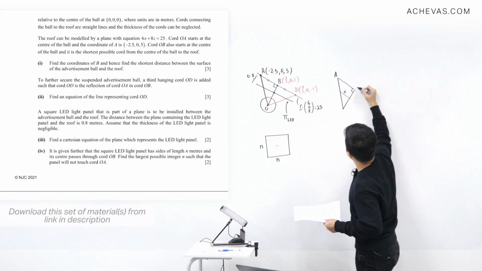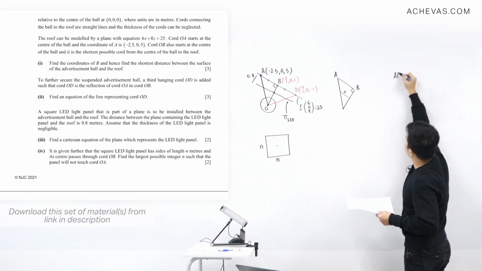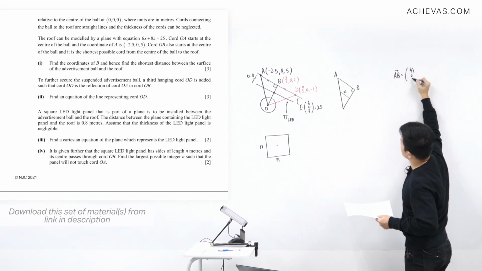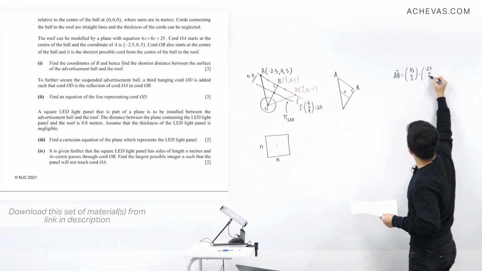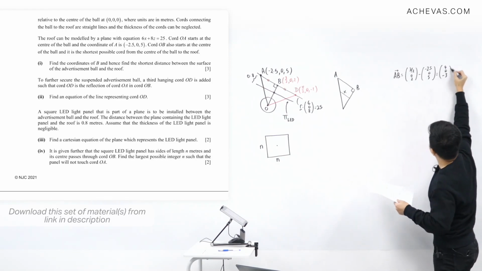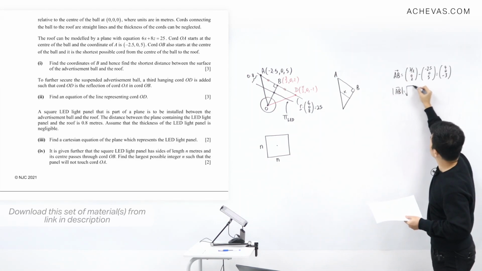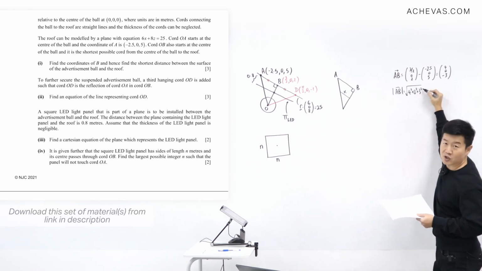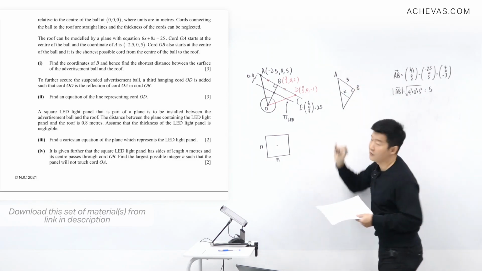This is A, this is B. I can find AB because the vector AB is OB, (3/2, 0, 2), minus OA, (-5/2, 0, 5), giving me (4, 0, -3). So the modulus of AB is the square root of 4 squared plus 0 squared plus 3 squared, which is the square root of 25. This is 5. So this distance here is 5.